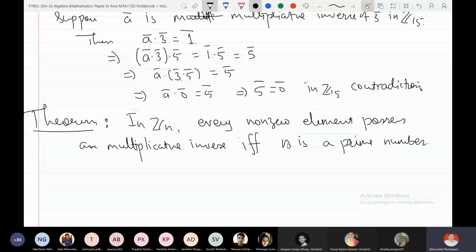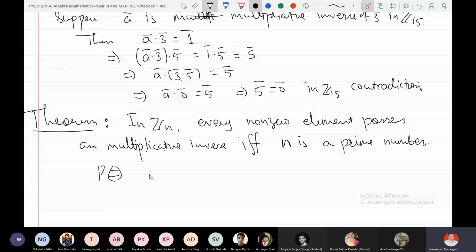If and only if means what? If every non-zero element has a multiplicative inverse, then n is a prime. If n is a prime, then every non-zero element has a multiplicative inverse. And that means if n is not prime, then this condition fails. So logically, P if and only if Q means what?